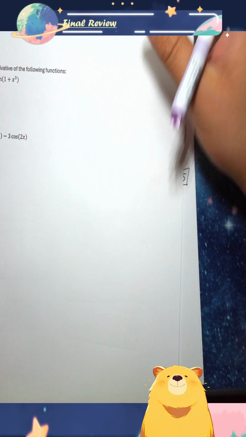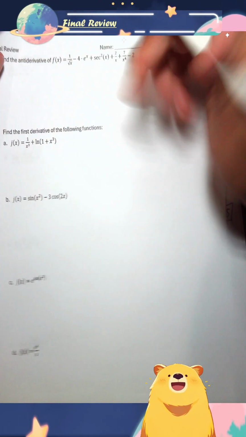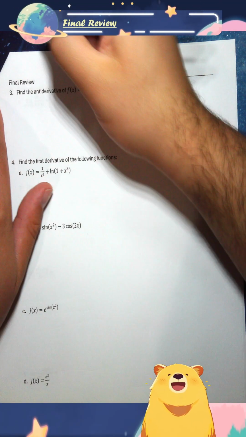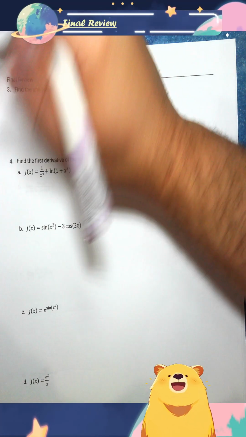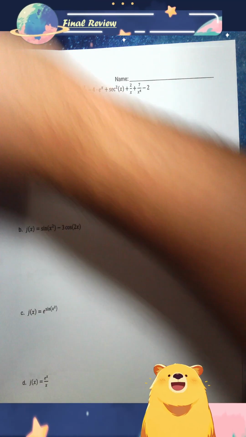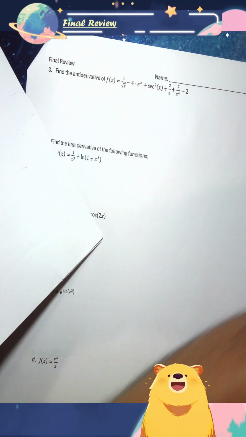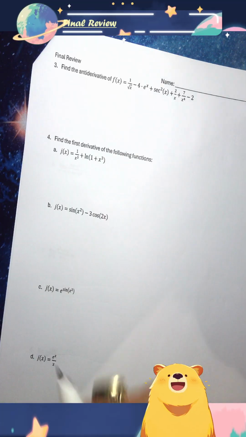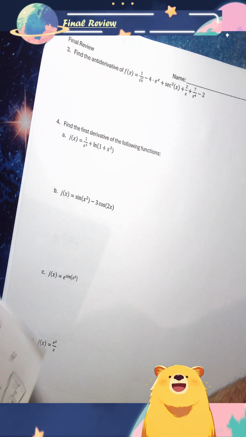Let's see. Okay. Find the antiderivative of this. Okay, so we know this is all of our units 3 and 4. Well, because technically this is everything, right? It's a final review, but I kind of just want to be a bit more specific.